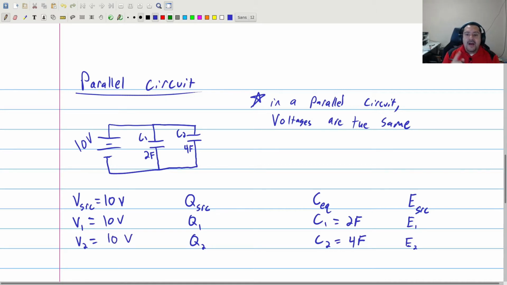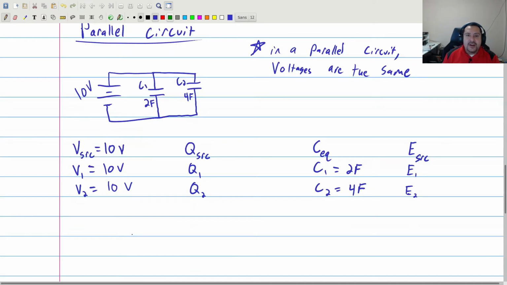All right, now that we know this, we can find Q1 and Q2, because whenever we have two of the three, we can use C equals Q over V. If we solve that for Q, Q is going to be equal to C times V. So for Q1, it's going to be equal to C1 is 2 farads times V1 is 10 volts.